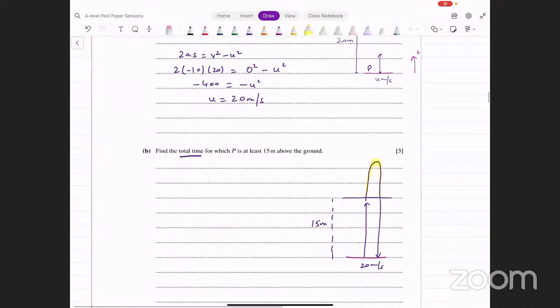ठीक है. Now there could be multiple ways of thinking about this. One idea could be, since you know the starting velocity, आपको पता है initial जिस velocity पे उसको project किया है, that is 20 meters per second. You also know the acceleration. अगर हम upwards direction को positive ले रहे हैं तो acceleration -10 होगी. So we know these two things for sure. We know initial velocity is 20. We know that acceleration is -10.